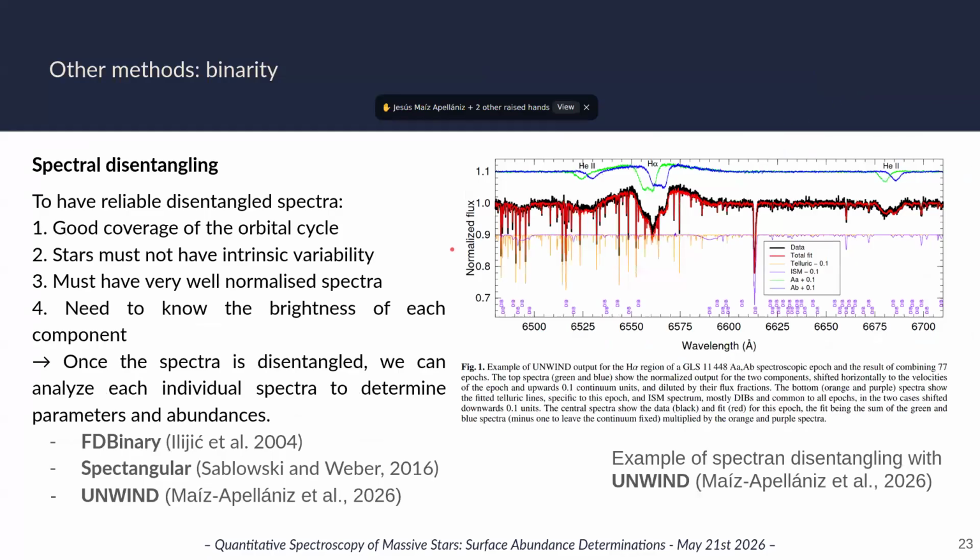So I think that the stars would be normalized to 1 normally. The continuum of the star would be at 1, and this is a bit upwards to show the two individual spectra of the binary system. So I think it's a visualization choice.